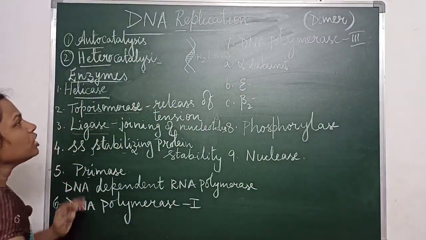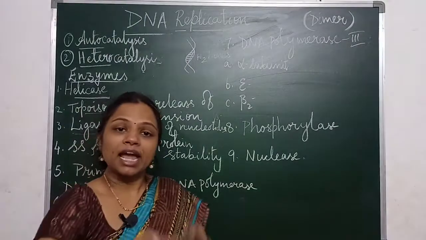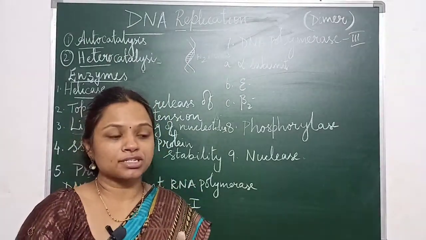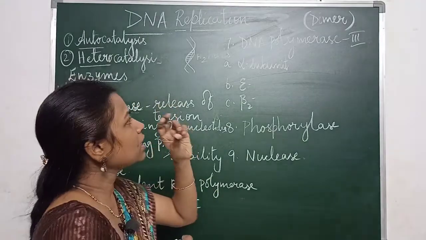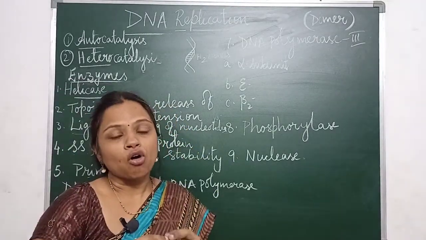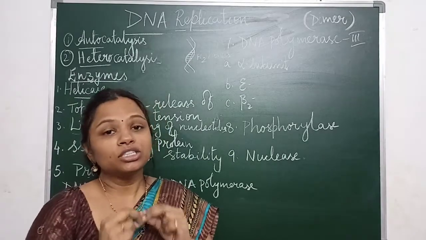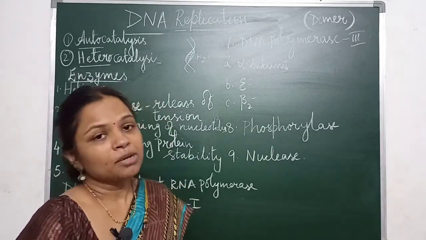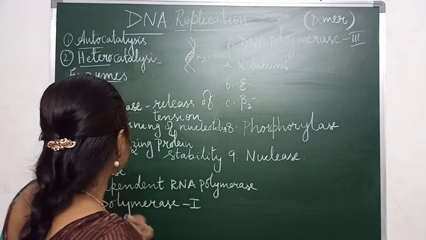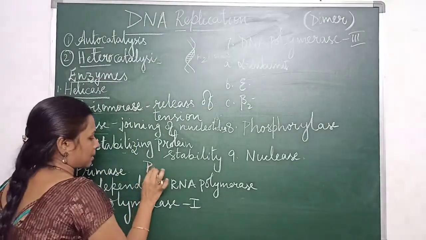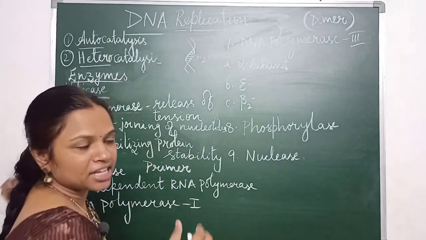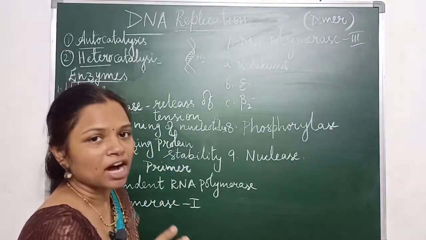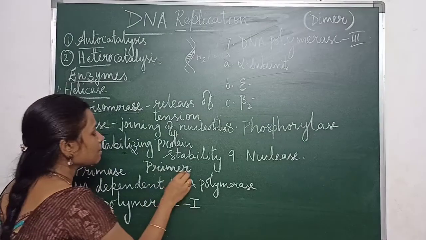Okay. Now, at the initiation of this replication process, a small chain of RNA nucleotides is present, and that is called a primer. Understood? A few small segments of RNA are called a primer.